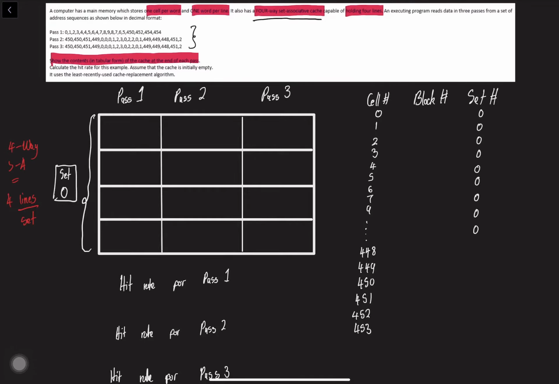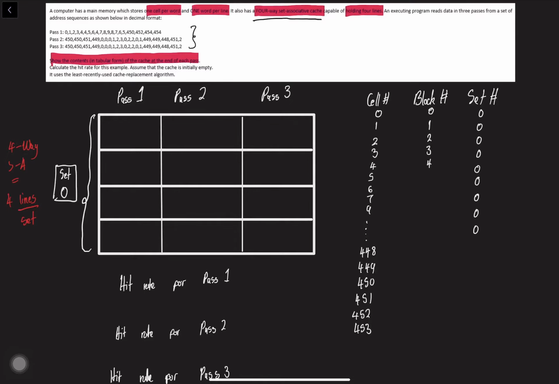And for the block number, since we have one word per line, that means cell 0 will be block 0, cell 1 being 1, this being 2, this being 3, being 4. This is just because we have one word per line. If we had 2 words per line, then these two would be block 1, right?